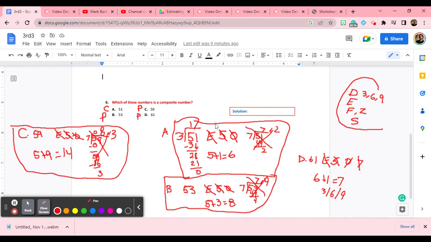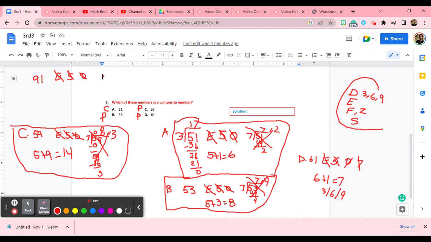Let's try a bigger number. I want to show you how to do the digital root on a bigger number. So let's say we do 91. So 91, is it even? No. Does it end in 5? No. Does it end in 0? No. Is it divisible by 7?